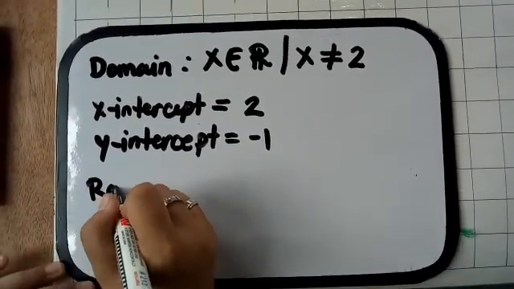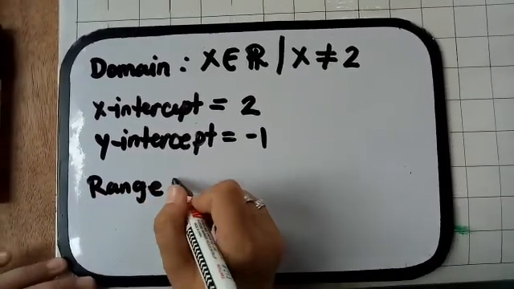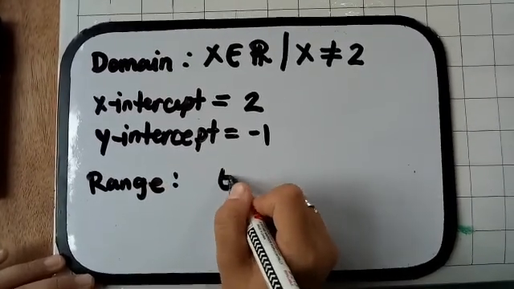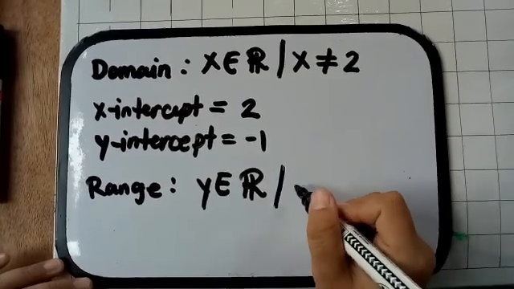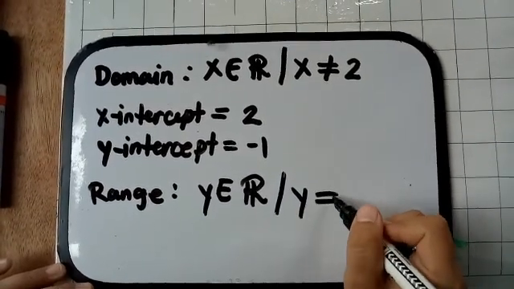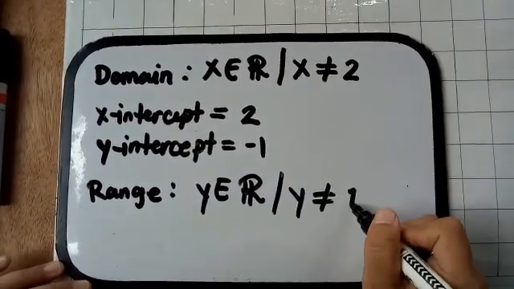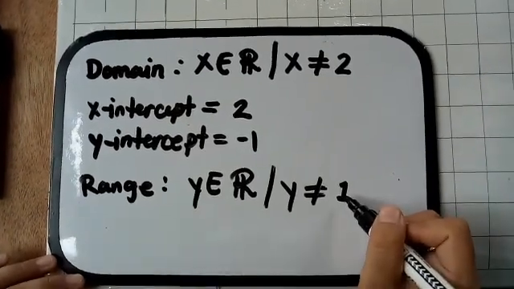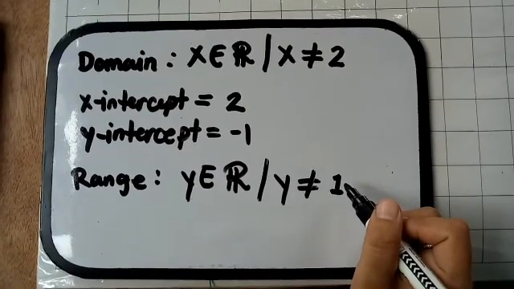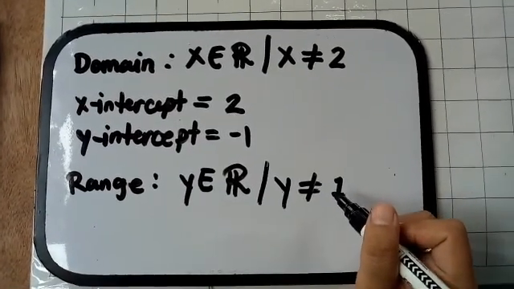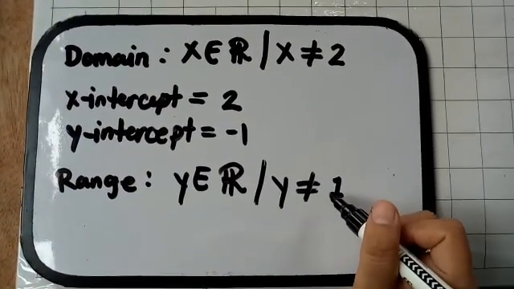Then the range will be all y that are real numbers such that y must not be equal to positive 1, since positive 1 is our horizontal asymptote. That's why the range will never be positive 1.